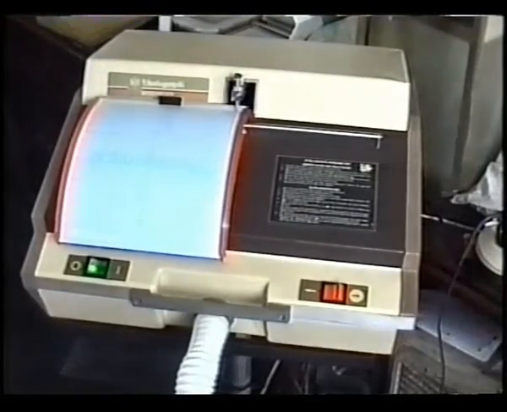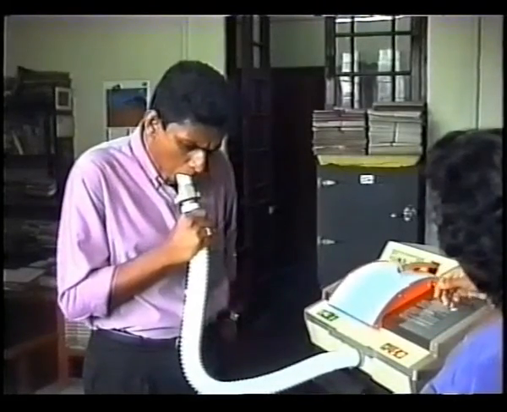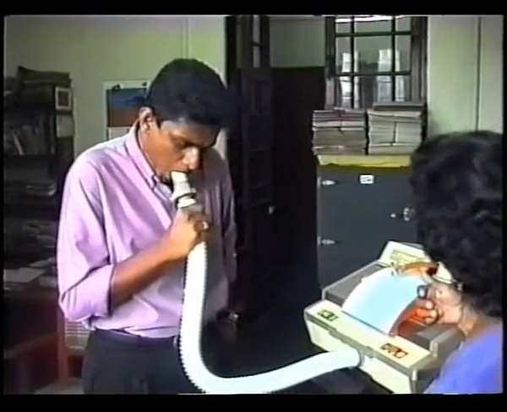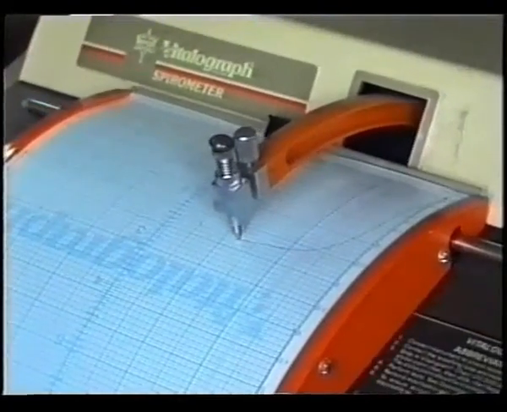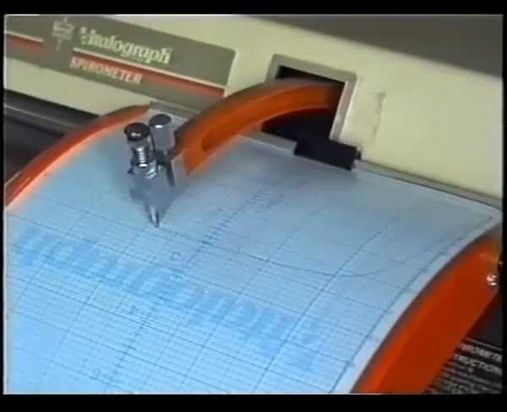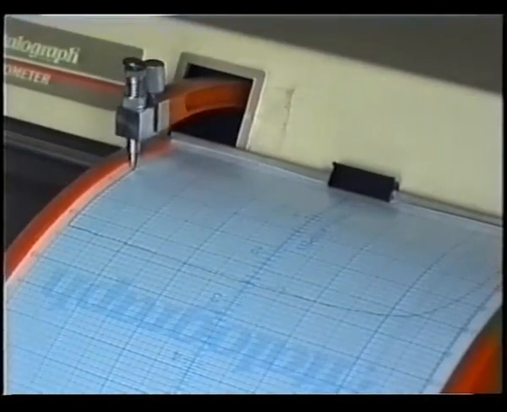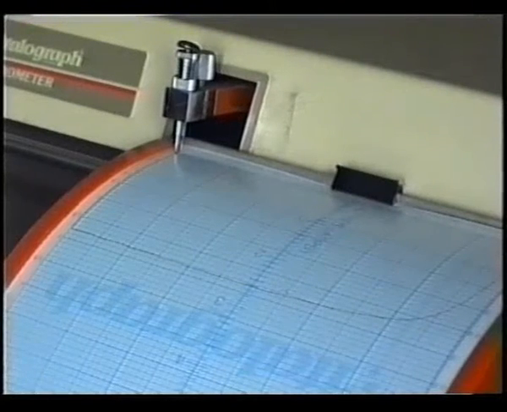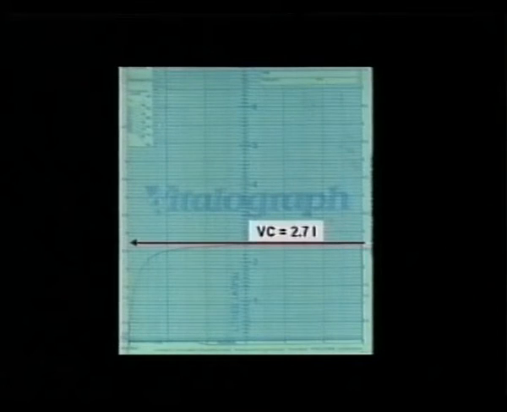This is a spirometer which is used to measure the vital capacity and the FEV1. This is the tracing we have obtained from this vitalograph or the spirometer.